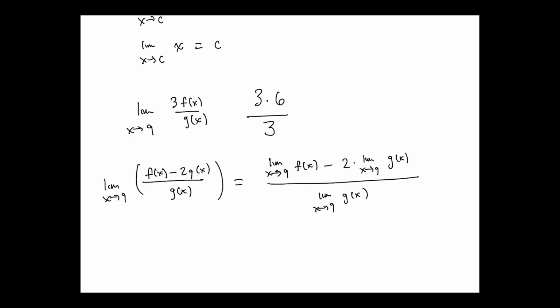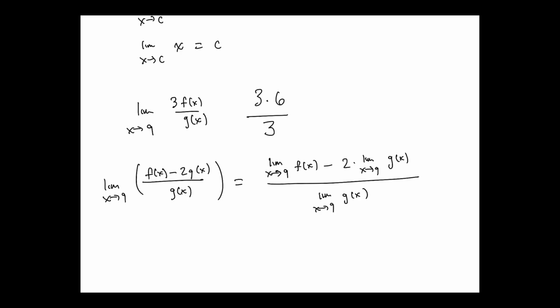And then what's the limit of the numerator? The numerator is two functions added, or in this case subtracted. So what's the limit of the difference? The difference of the limits. And then that 2 hanging out there, that constant, what's the limit of the constant? Just itself, so I can just use it. Symbolically that's what we're computing here. The limit laws say that we can do that, and then we just need to fill in all the different pieces of information.